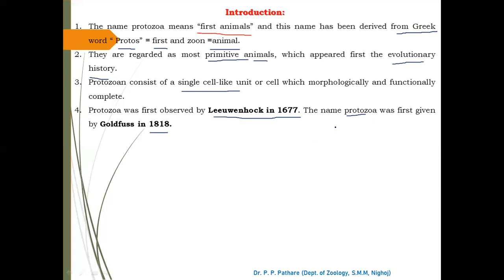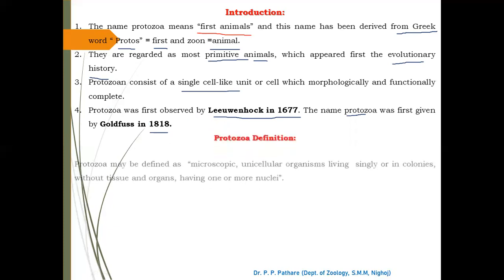The protozoa was first observed by Leeuwenhoek in 1677, and the name protozoa was given by Goldfuss in 1880. Sometimes during the examination, questions will be asked on these two scientists. Leeuwenhoek first observed and Goldfuss gave the name protozoa in 1880.